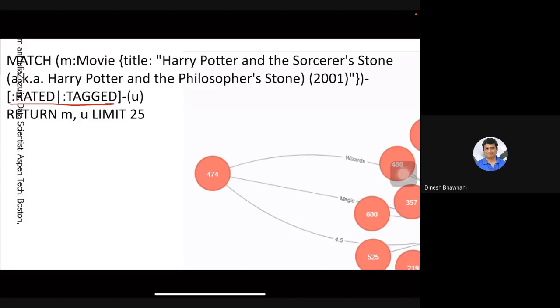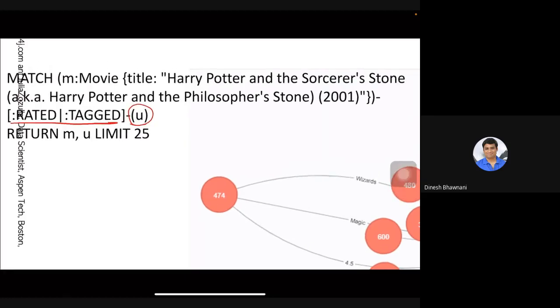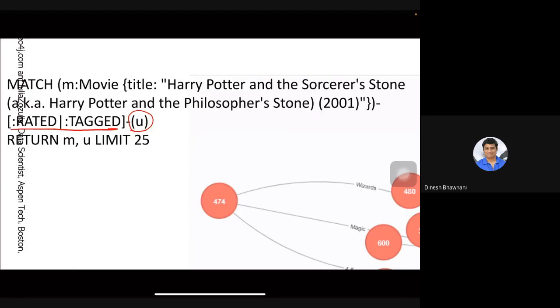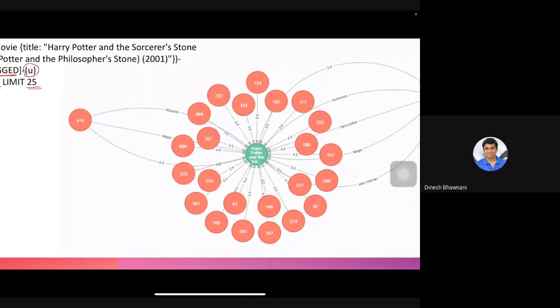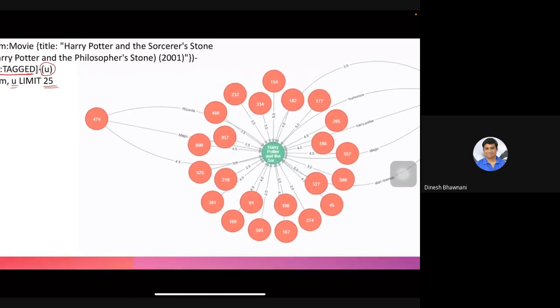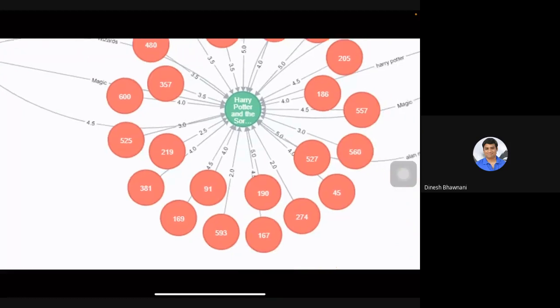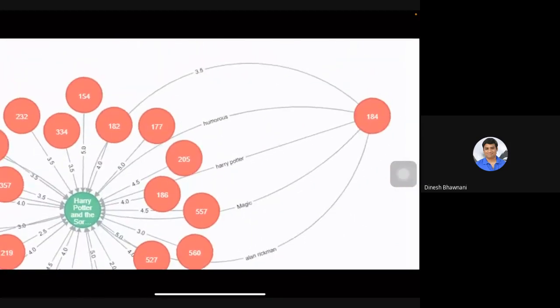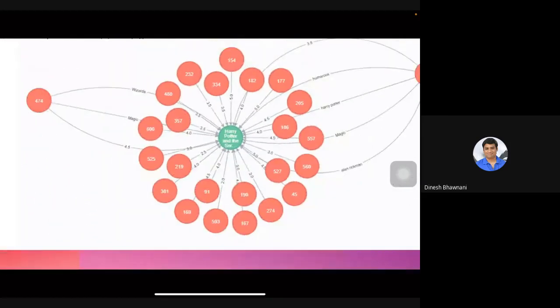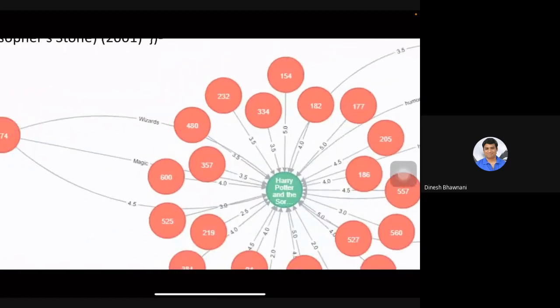Whoever has given these properties from the user label, please come. And if you don't put a limit, again your screen size will be too small to show all the data. So with 25, this is how it looks. These numbers are all users and none of these numbers are real, I mean anonymized. So it's okay.